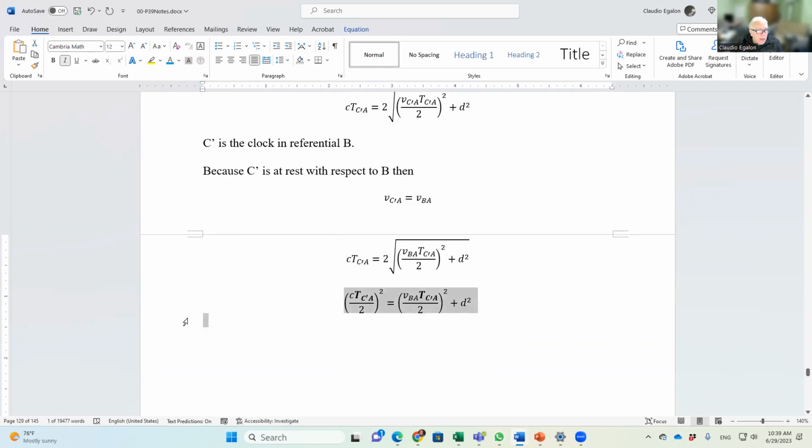Let's try to combine those two, right? Now I'm going to square here, square here, square here. Square here.